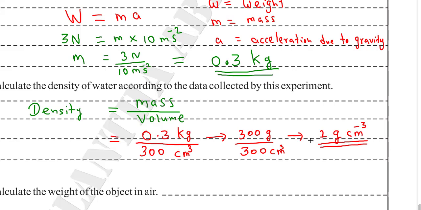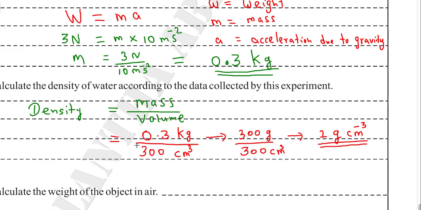You can mark it if you have another method with the cubic meters, where we have to convert 300 cubic centimeters, children, into cubic meters.